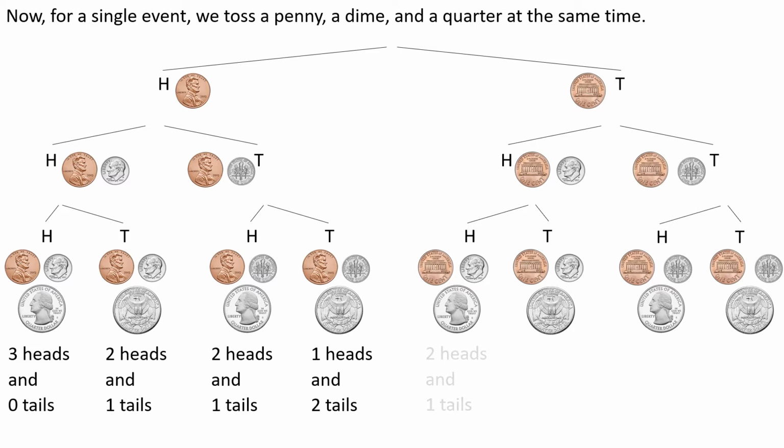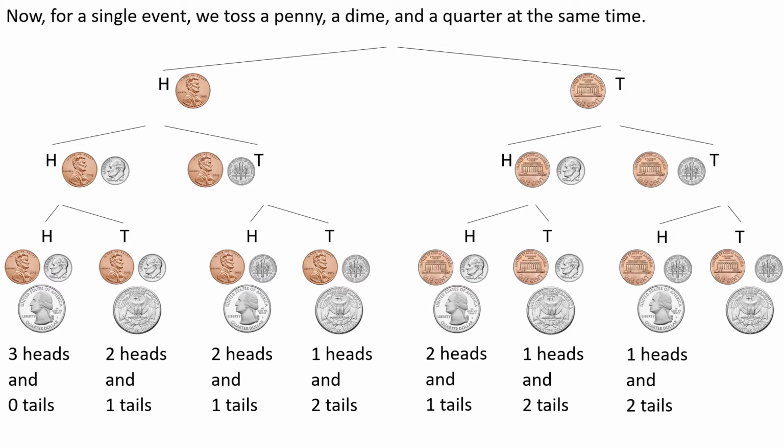heads. Now, 2 heads again, but notice this is a new outcome because it's the dime and the quarter that are heads. That's different than what we had on the other ones. Again, only one of them is heads here, but it's different because it's the dime instead of the penny.